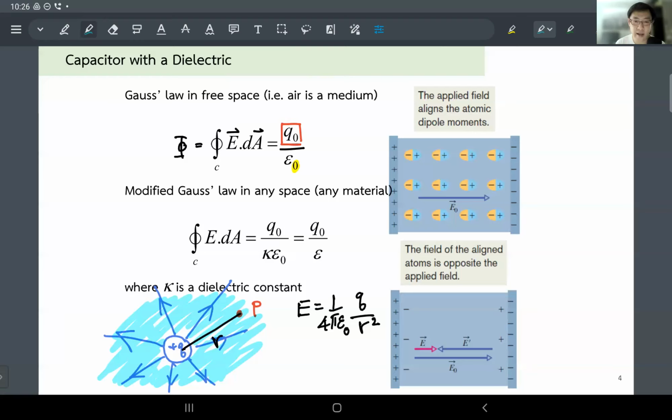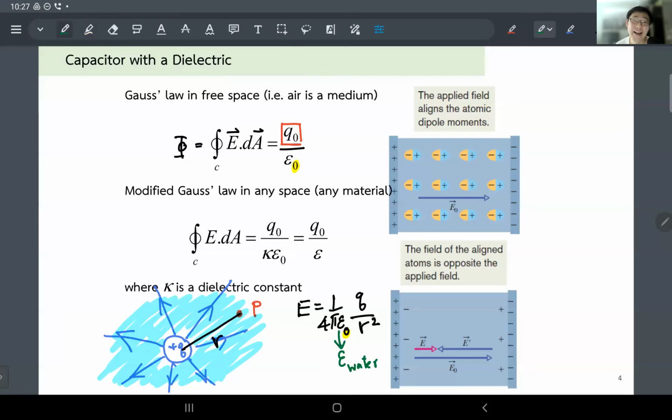There's nothing there. And here we go, this is the reveal of the whole thing. You just change that epsilon naught into epsilon of water, and you are done.